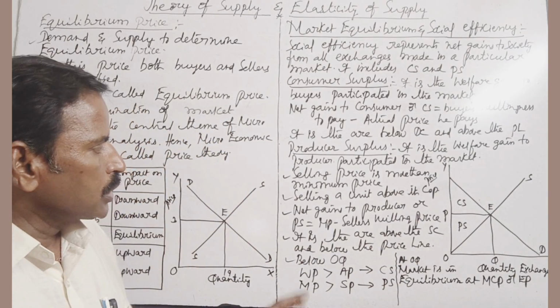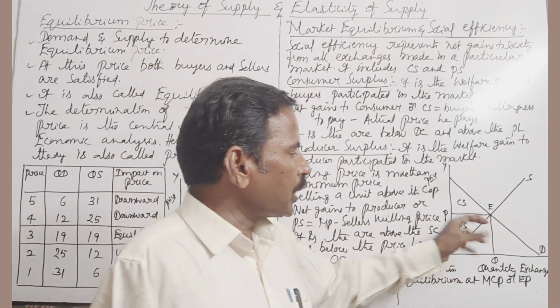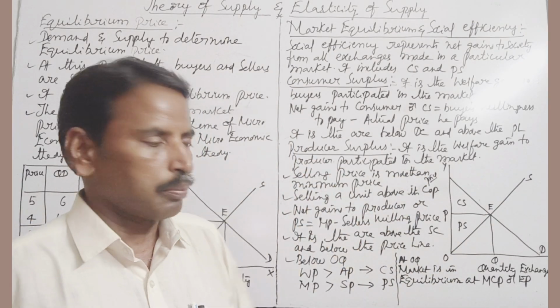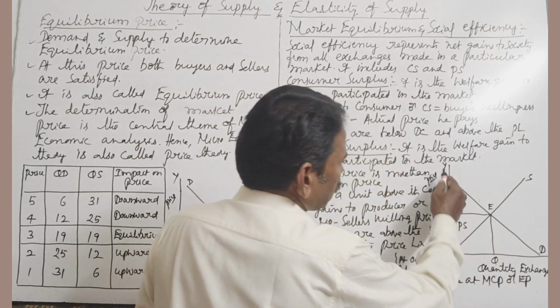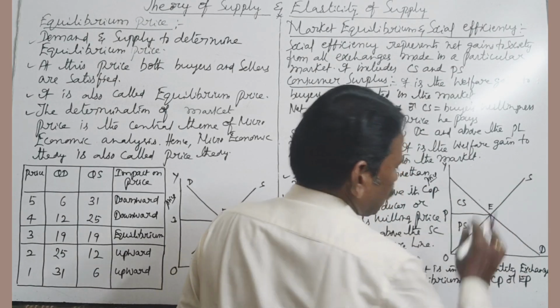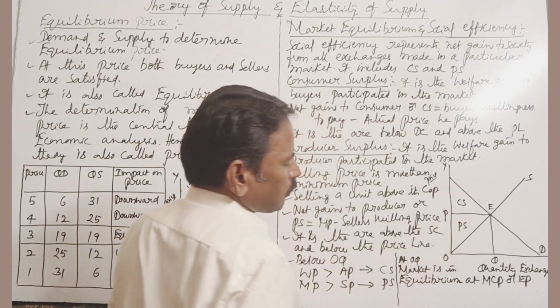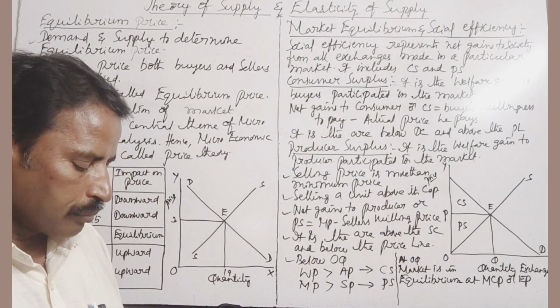If we observe this diagram, there is a consumer surplus and a producer surplus. Draw an L shape, mark YOX, DD demand curve, SS supply curve, E is the equilibrium point, OP is the equilibrium price, and OQ is the equilibrium quantity.